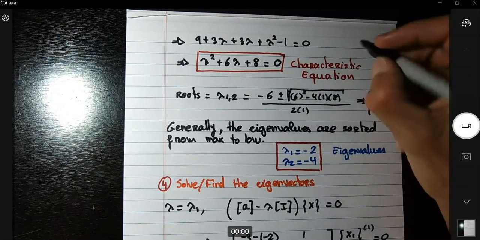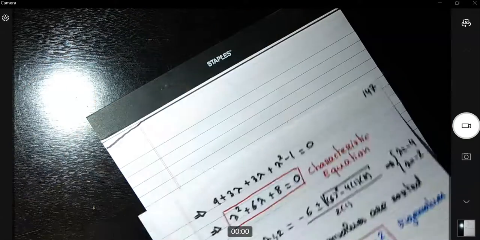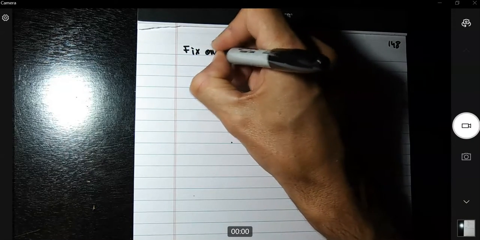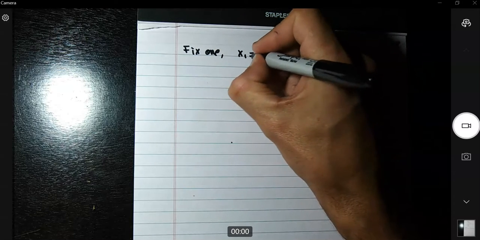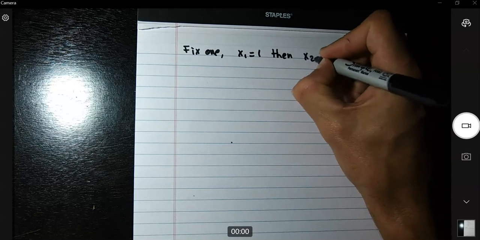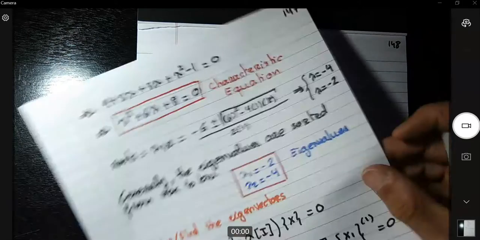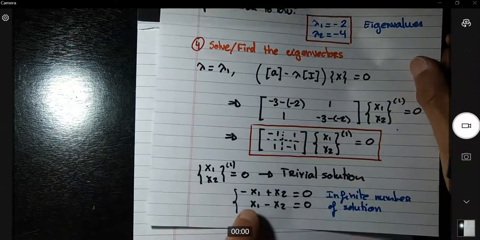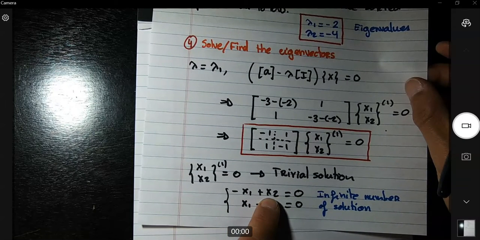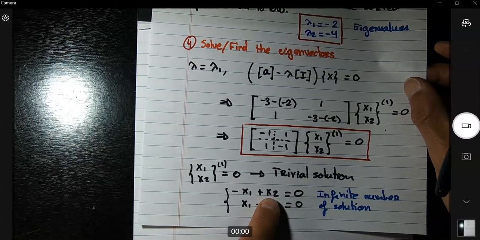So this will be page 147. So for instance, let's just fix x1 to 1. Then what happens? You can go to either equation, but if x1 is equal to 1, that would mean that x2 will also be equal to 1.